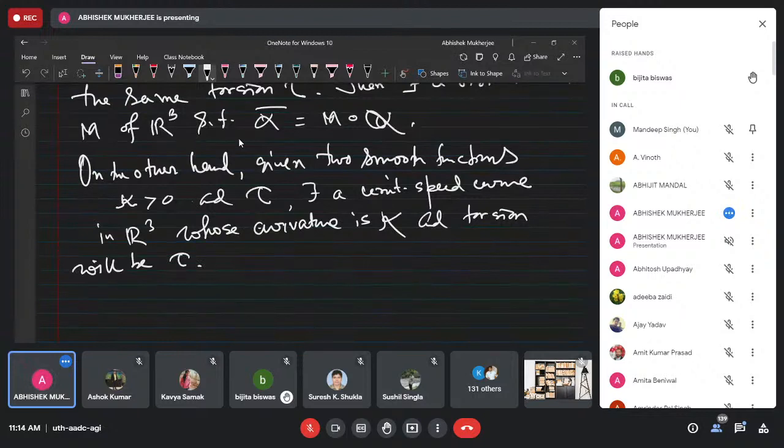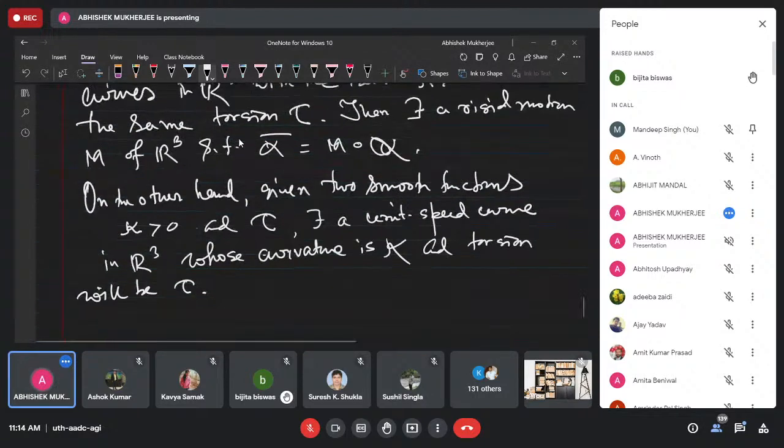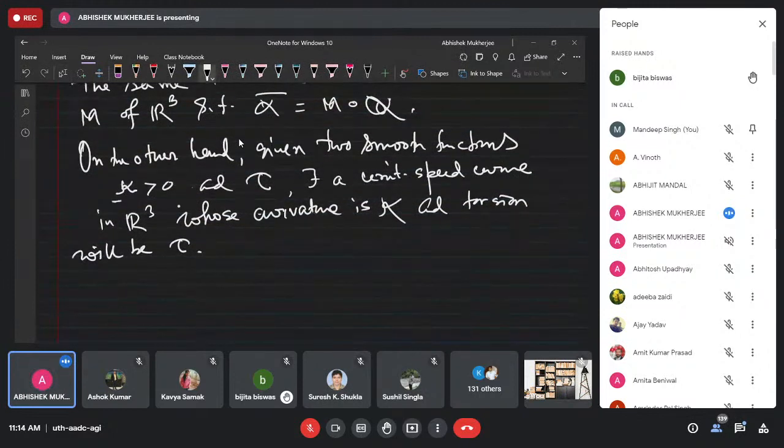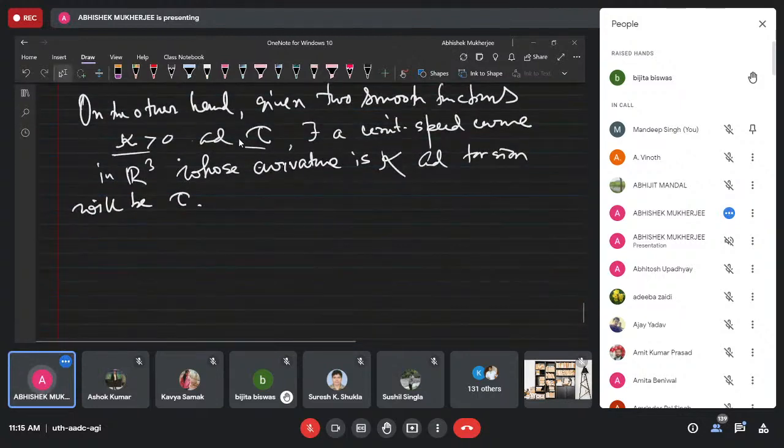Okay, so this theorem reveals the fact that these two geometrical entities will completely govern the local behavior of these kind of curves.